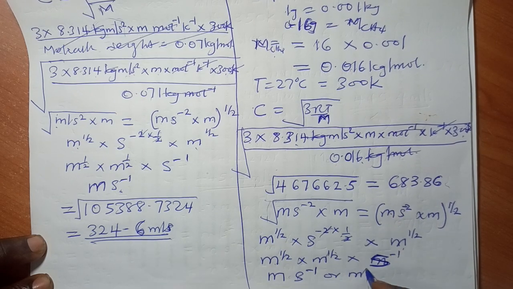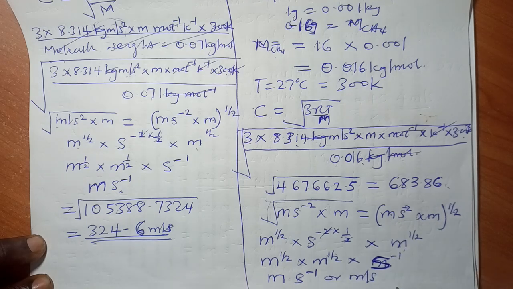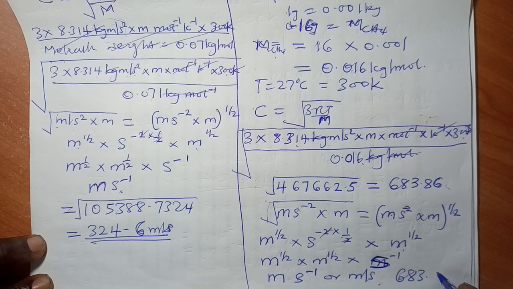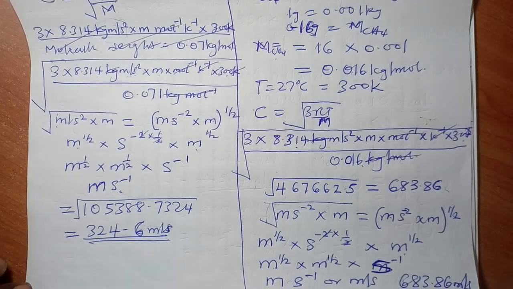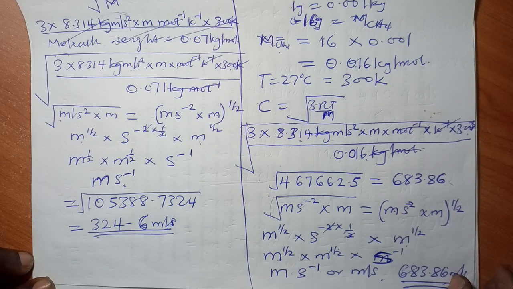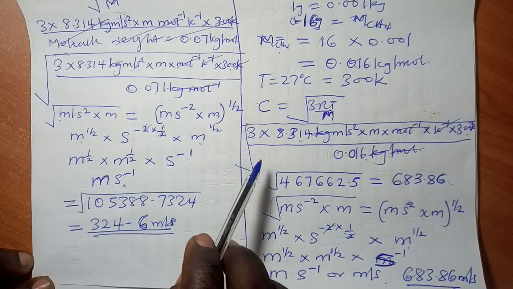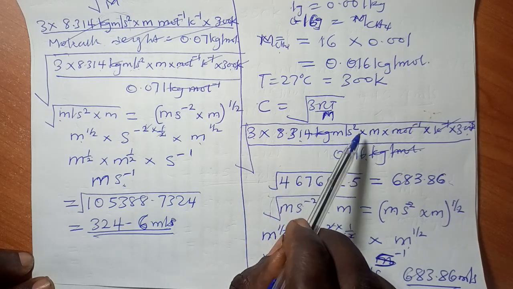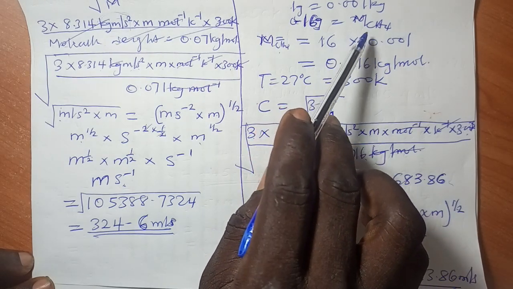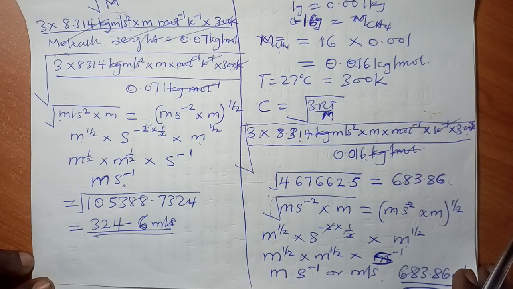That means our final answer, which gives us the number, is 683.86 meter per second. That will be the answer. Instead of just casually multiplying and dividing by 16 gram per mole, that will be very wrong.